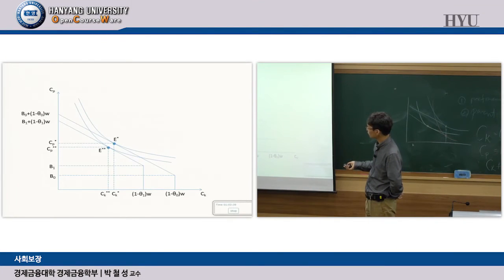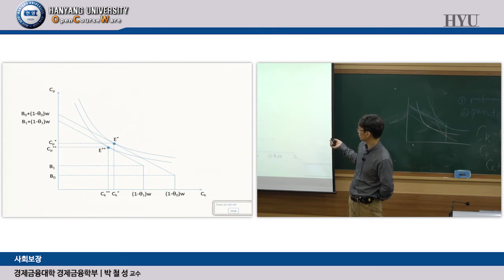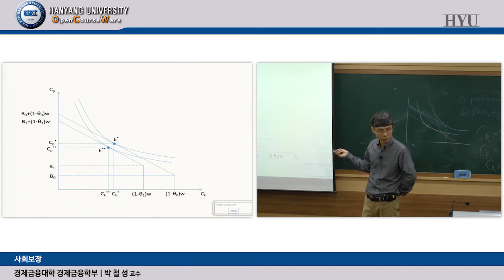Now, what happens here is it's similar to savings in a sense that when the pension is introduced, the effect on the parents will not be as large as the increase of pension amount.